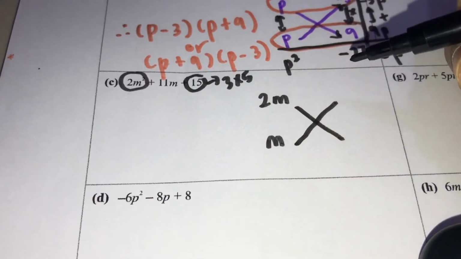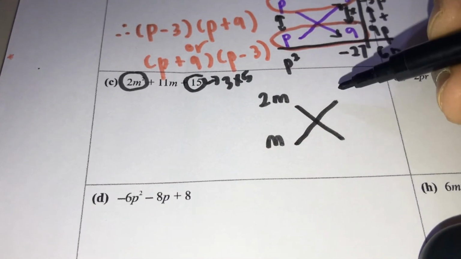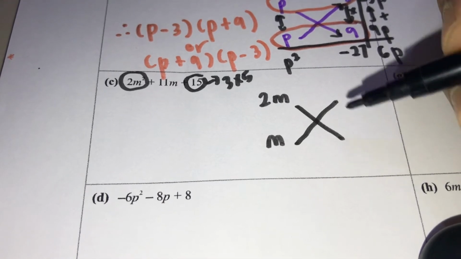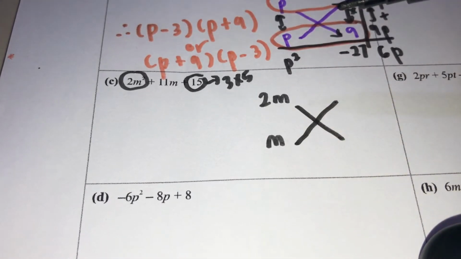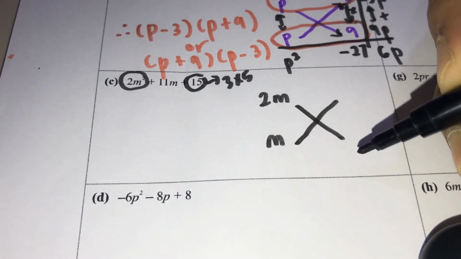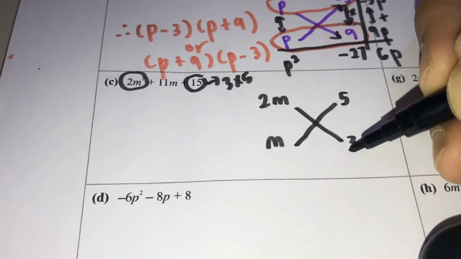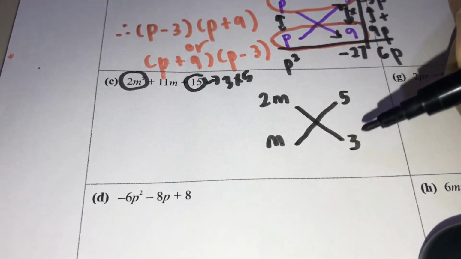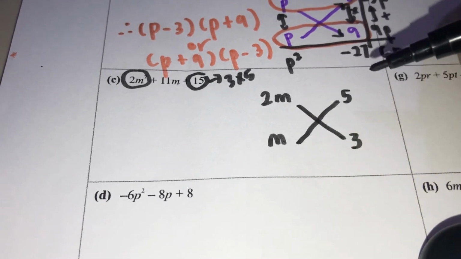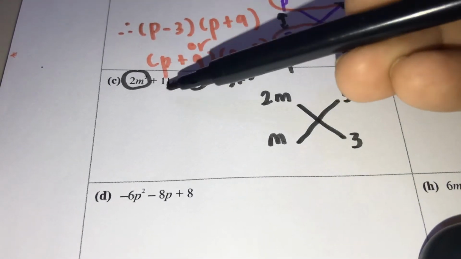So you have to choose where you put 3 and where you put 5 to make it become 11m. So you just try. Either you put 3 here or 5 here, or 5 here, 3 here. Try to put 5 and 3 here. You check. If cannot, you change the value. After you cross, you check. You must get 11m.